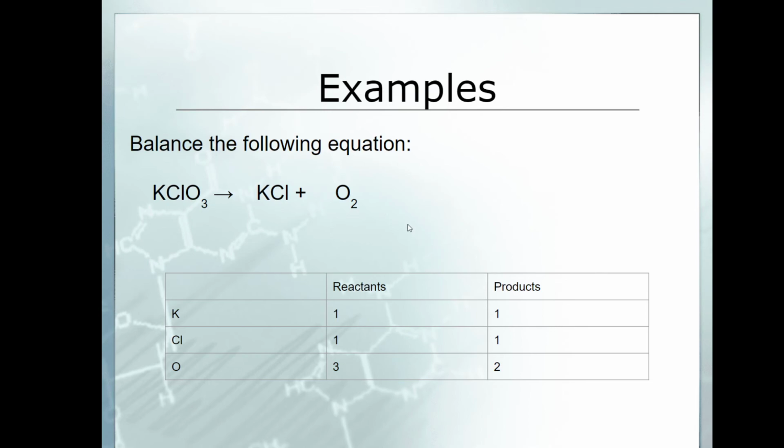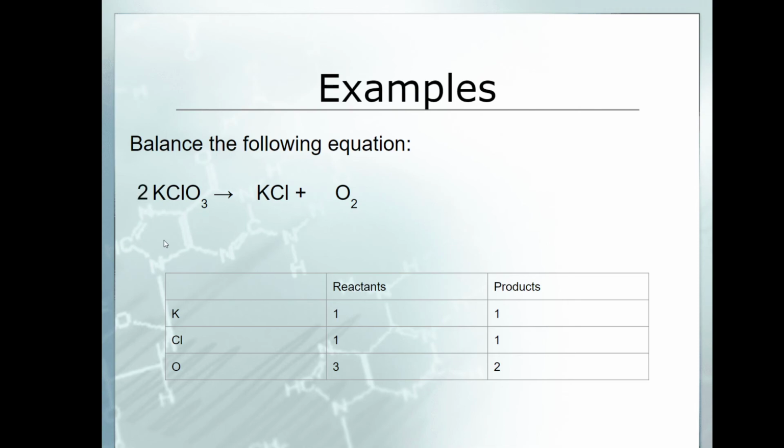So we can't come in here and just change this to a 3 because we're not allowed to change our subscripts, right? The only things we can change are coefficients. So we've got to find basically the smallest common factor between 3 and 2, right? And that would be 6. So in order to get these to match up, we need to set them both equal to 6.